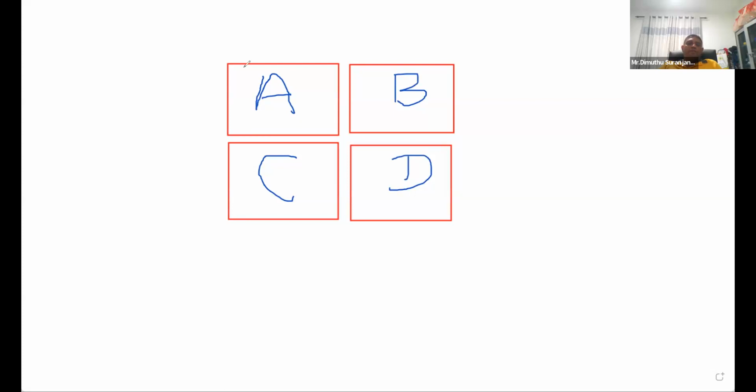The relative interest can be low or it can be high. Then at the same time, their relative power. Their relative power can be low or high.